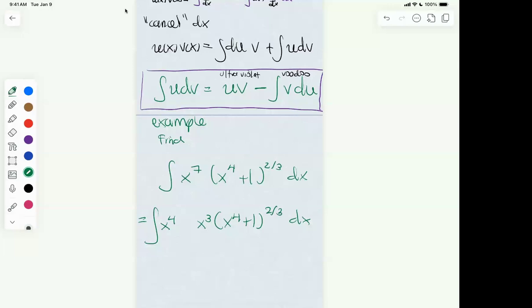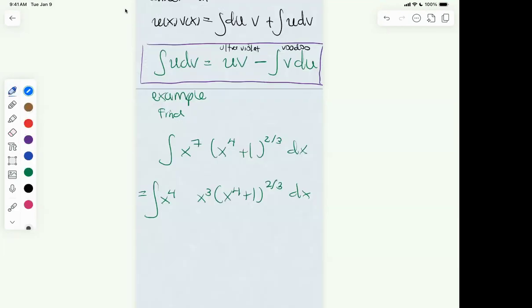It is still the same thing. By arranging it this way, this part is easier to integrate on its own, and this is still easy to either integrate or differentiate. Okay, so what I'll do now is call u x to the 4.